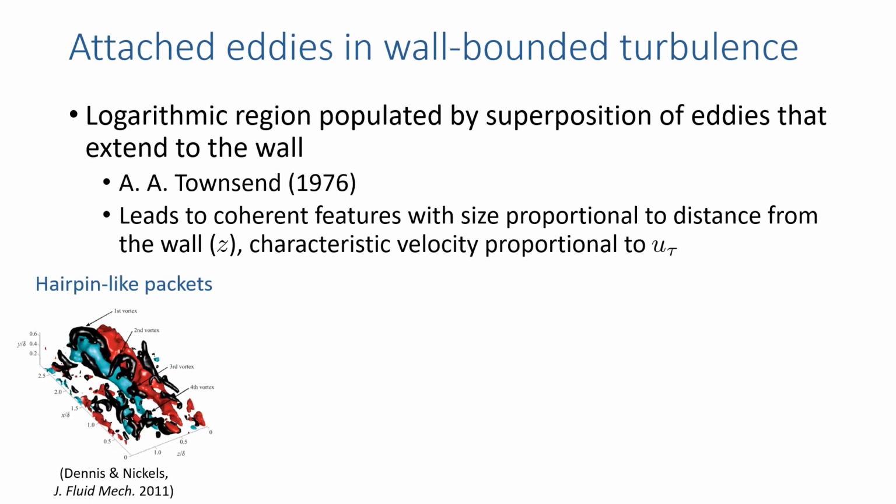You can see this behavior in a number of different features depending on how you conduct your analysis. For instance, this has been seen a lot in recent years in the behavior of momentum streaks, low and high speed momentum streaks that are often associated with packets of hairpin-like vortices.